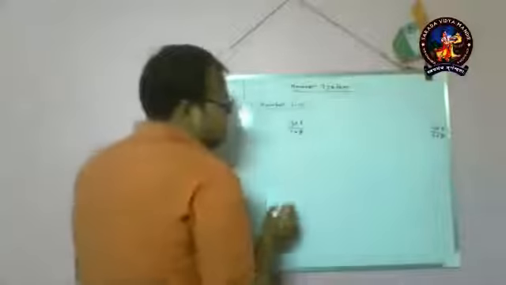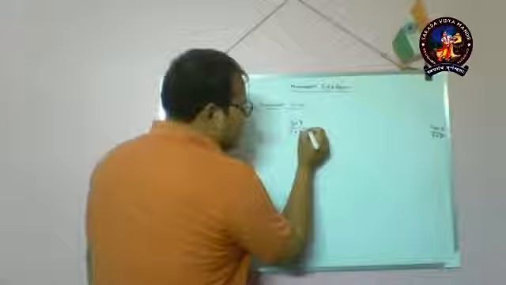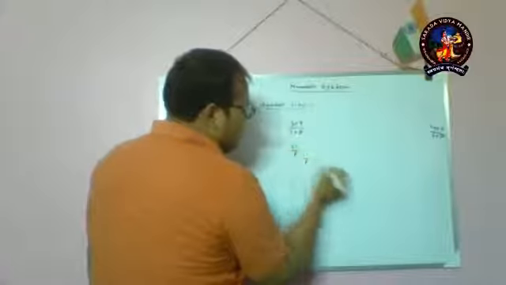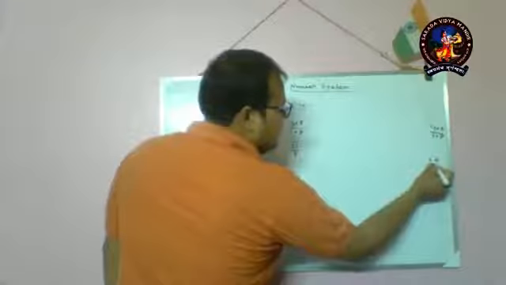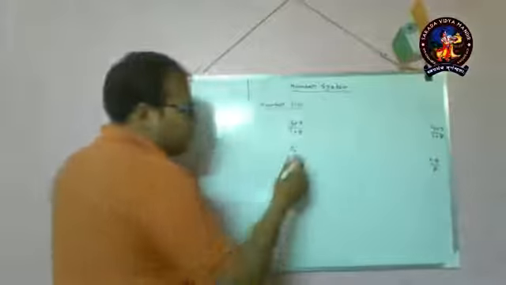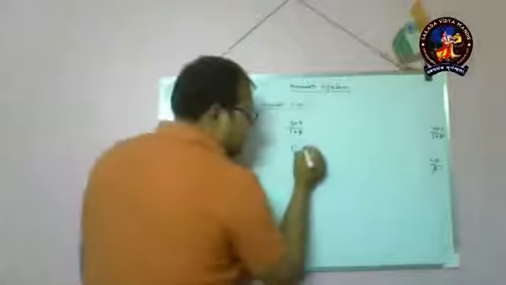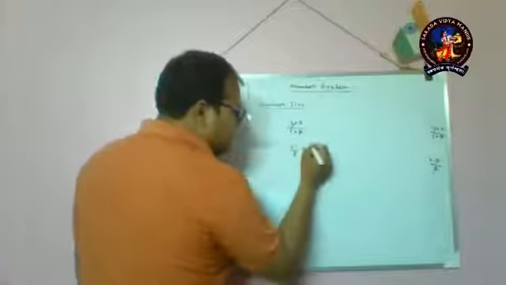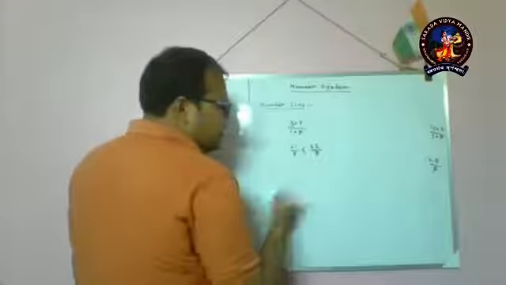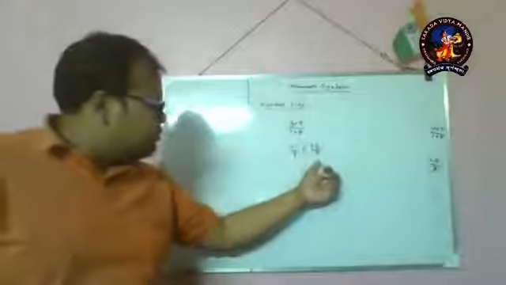Nothing new we have written, which is nothing but 21 by 7 and 28 by 7. Now we have to include rational numbers between them. So 21 by 7, greater than that we have 22 by 7, but it is less than 28 by 7. So definitely 22 by 7 is there between them.